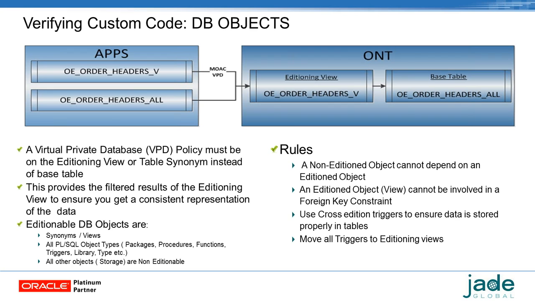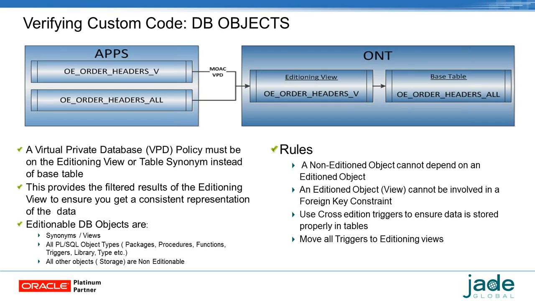Now, in terms of editioned objects, as I said previously, any object which stores data within the database is not editioned. But other objects which are logical, such as packages, procedures, functions, triggers, libraries, types, synonyms and views, are all editioned, so they can be copied over and redefined in different ways.